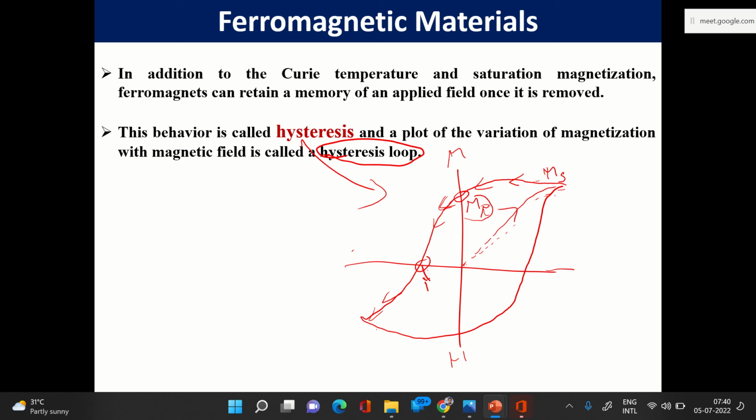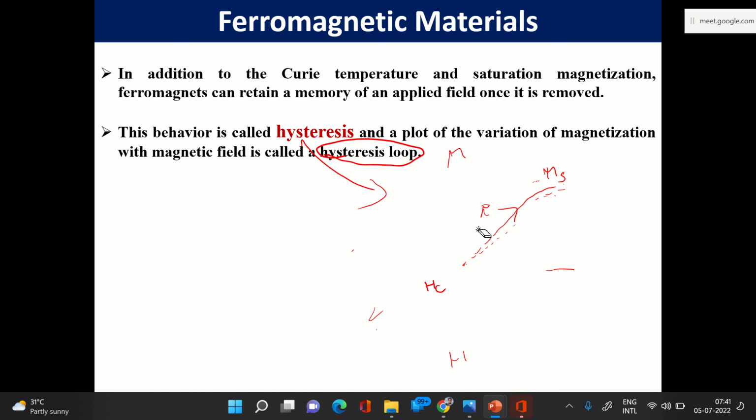This is HC, the coercive field, the field applied in the reverse direction to make the magnetization zero in the sample. So that is called the coercive field. All these things are given later on in the slides, and even sometimes before.